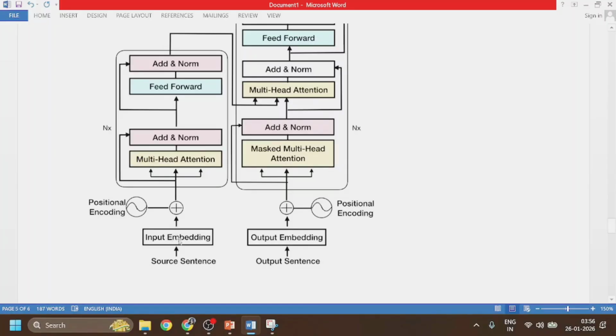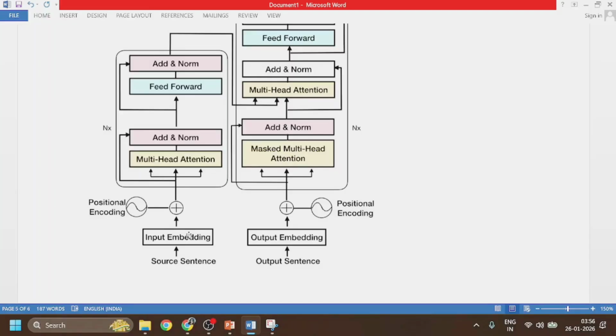If you have any sentence, like I love programming, or I love the programming language Python, you can take any sentence as an input. If you have a sentence, you need to tokenize it, and after tokenizing you do embedding.